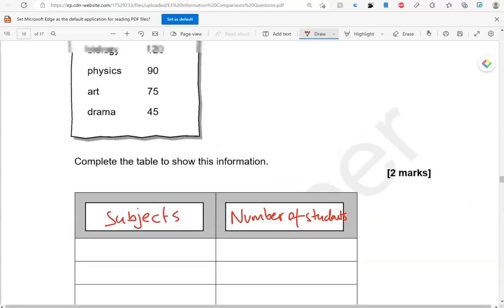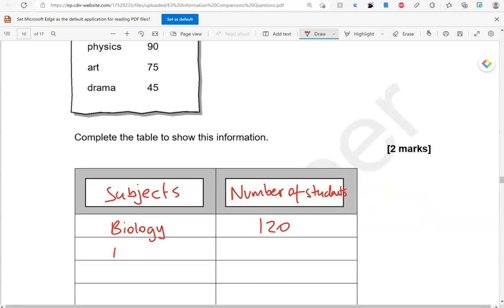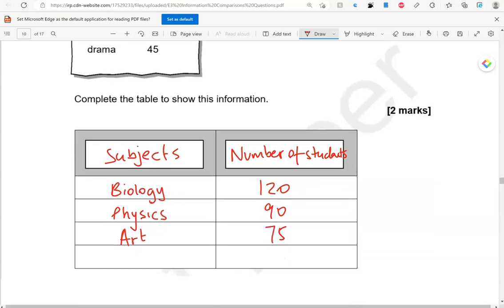So biology, 120, physics, 90, art, 75, drama, 45.